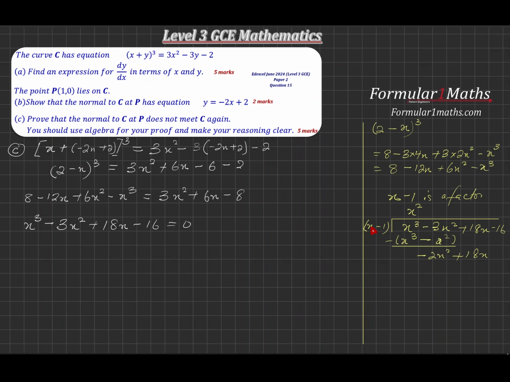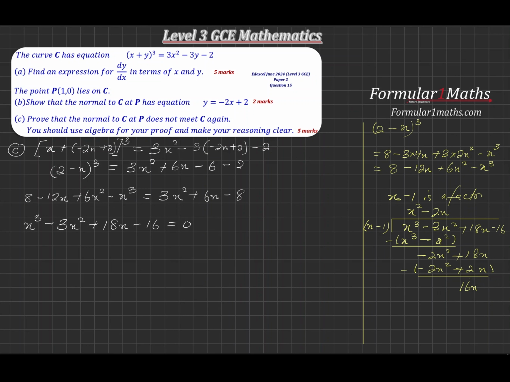Then again, I'll look at x and minus 2x. It means I'm going to have minus 2x over here. Then I'll multiply minus 2x times x. I'll get minus 2x squared and plus 2x over here. So I'm going to subtract again. And if I do that, I'm going to get 16x over here.